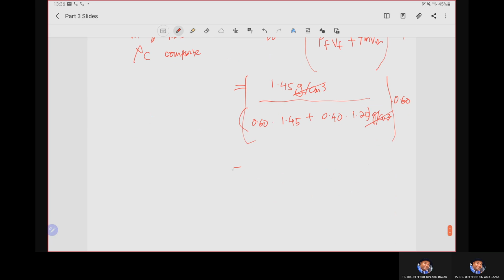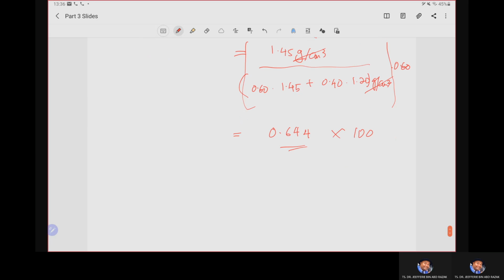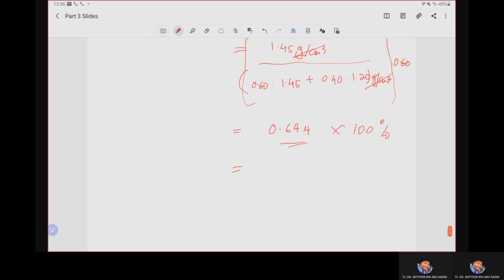Your answer will be 0.644, and then times 100 to get it in the form of a percentage. What you get is about 64.4 weight percent of fiber.